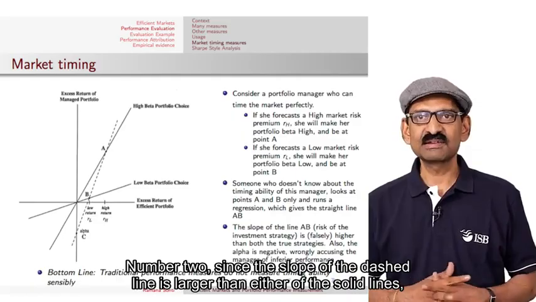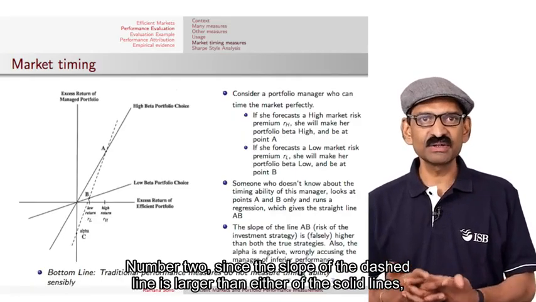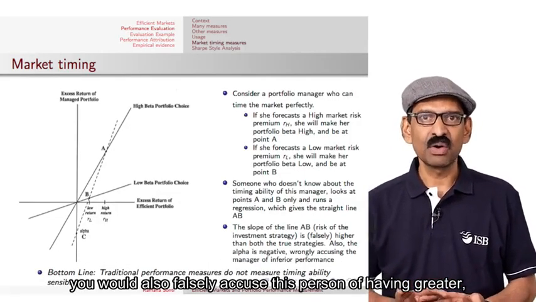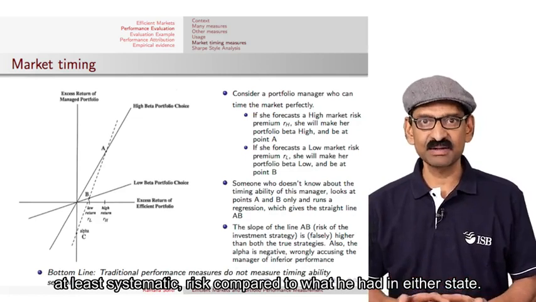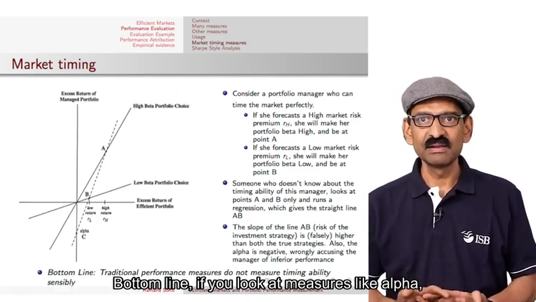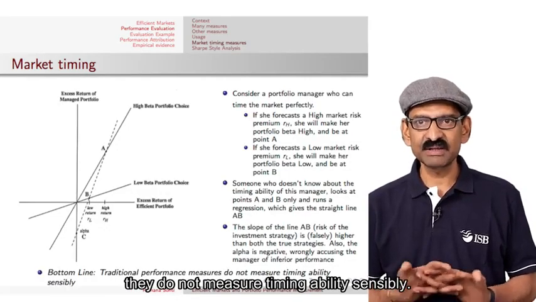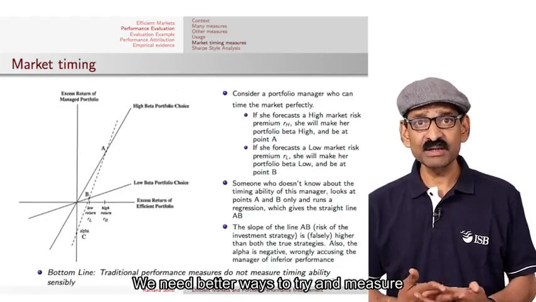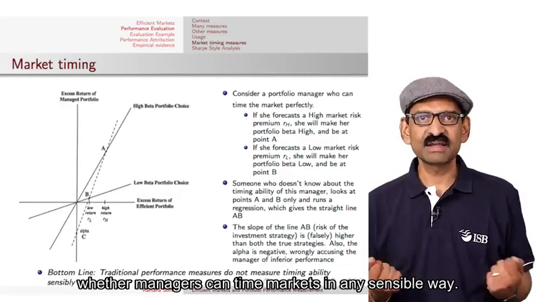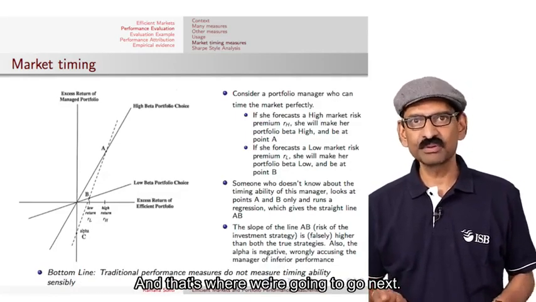Number two, since the slope of the dashed line is larger than either of the solid lines, you would also falsely accuse this person of having greater, at least systematic risk, compared to what he had in either state. Bottom line, if you look at measures like alpha, they do not measure timing ability sensibly. We need better ways to try and measure whether managers can time markets in any sensible way. And that's where we're going to go next.